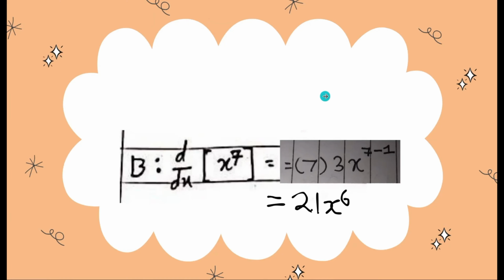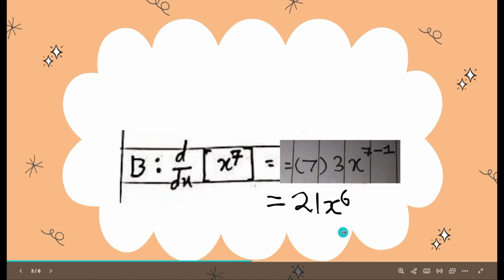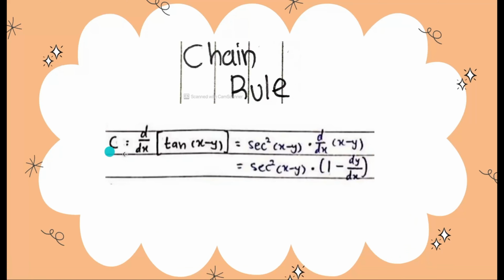For part B, we differentiate 3x to the power of 7. We bring the 7 to the front and multiply with 3, and for the power we minus 1. The answer we get is 21x to the power of 6.